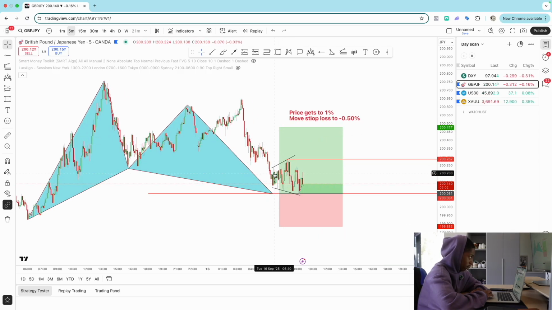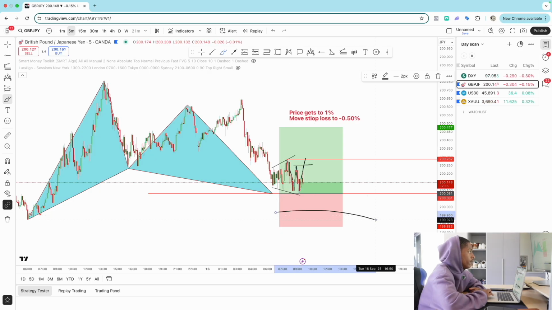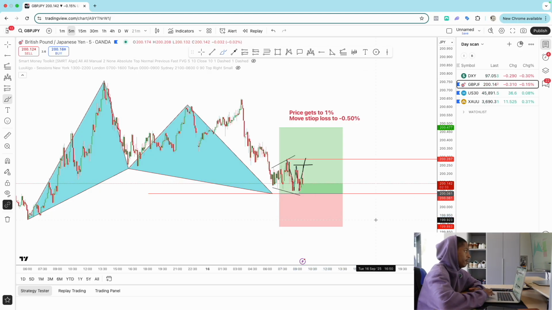So, truly speaking, with the looks of it, obviously this is a low here, and then a high, and then a low. So if price breaks this high, you see this one here, if it breaks it, I'll be able to move my stop loss to reduce the risk. That's all.